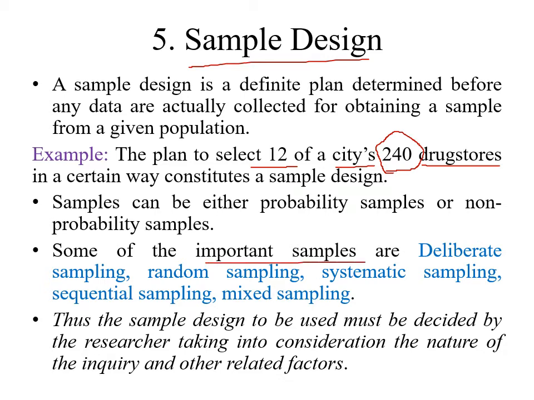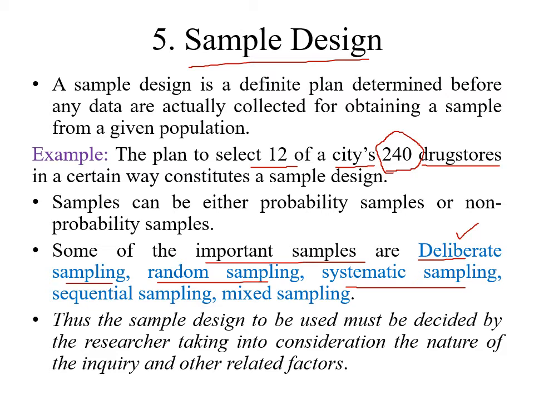There are several sampling methods, like deliberate sampling, which is purposive sampling, and then random sampling. Random sampling comes under non-probability sampling. Random means you are picking a random number, like a lottery. Systematic sampling has some specific systematic order, like multiples of 15 or multiples of 10.